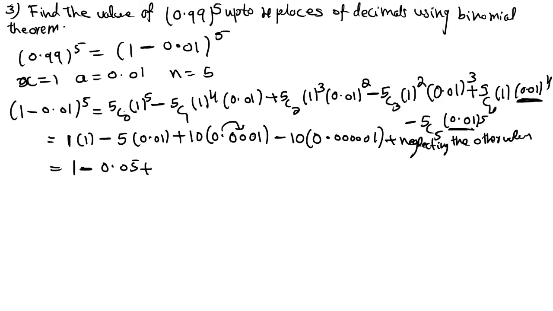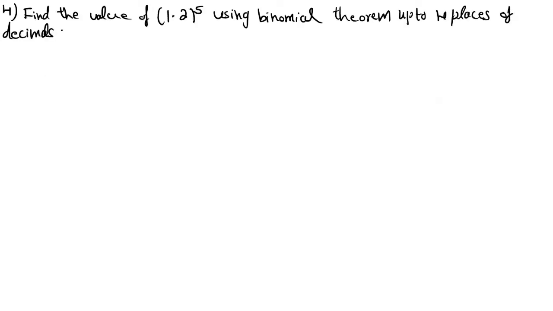Okay, so you'll get 0.001 minus, again multiplying by 10, decimals are there, this decimal point moves one step forward, so it's equal to 0.000001, 4 zeros are there, put 4 zeros, 1 2 3 4 1, then plus neglecting the other values, so it's equal to, if you use the calculator, approximately your value is 0.95099.